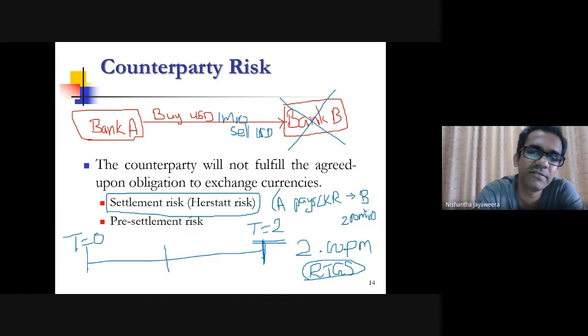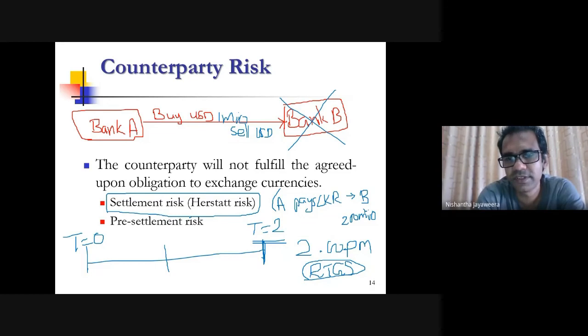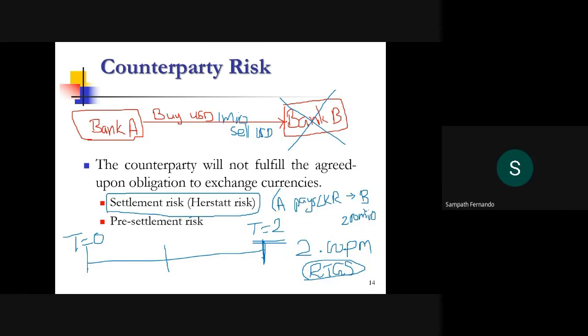How do you know whether they have adequate nostro balances in their nostro account? If they don't have nostro balance, or if bank B has not given proper instructions to its nostro agent to make the payment, this can still happen. You won't receive your funds on time. If they do not have sufficient funds in the nostro account, is that credit risk, not settlement risk?